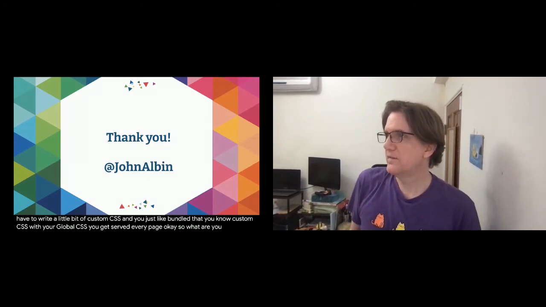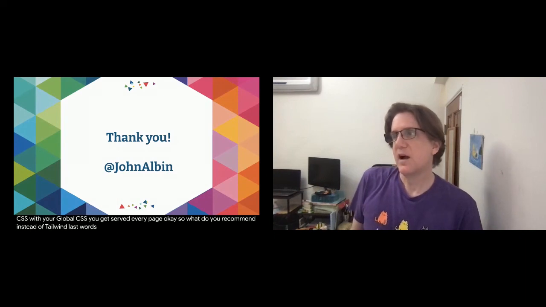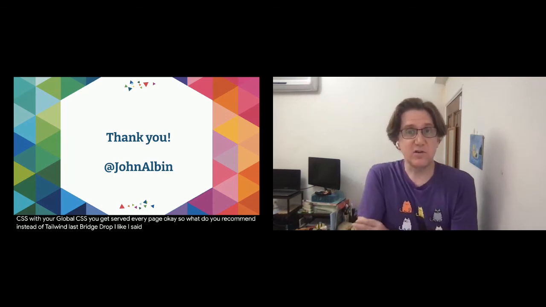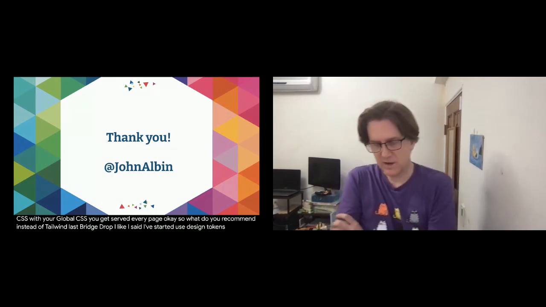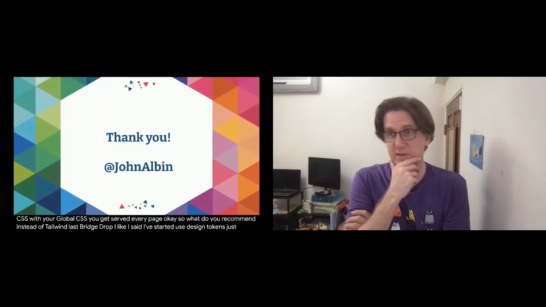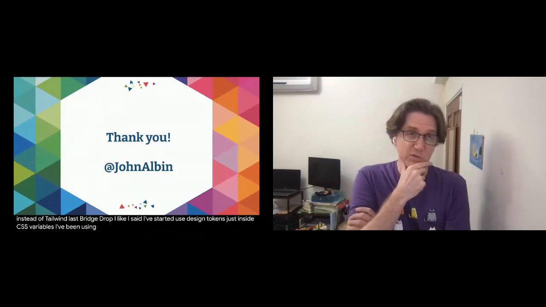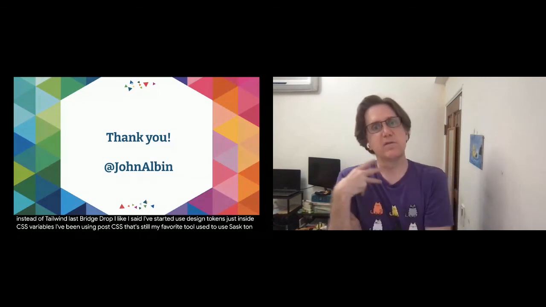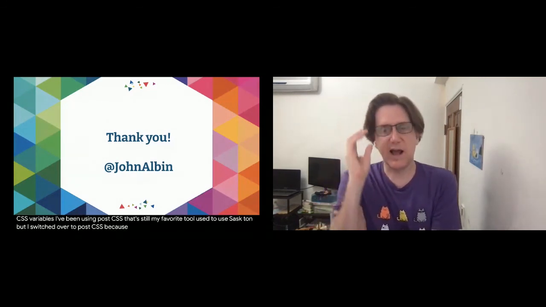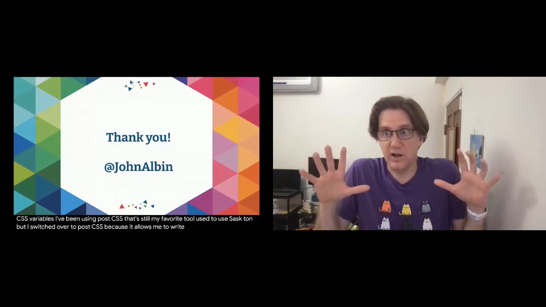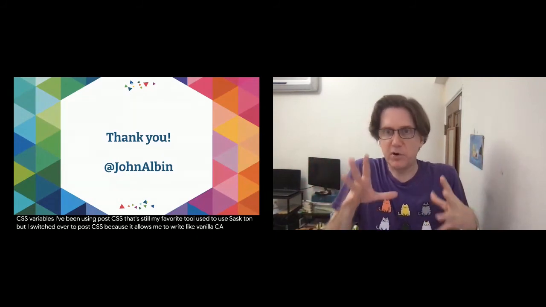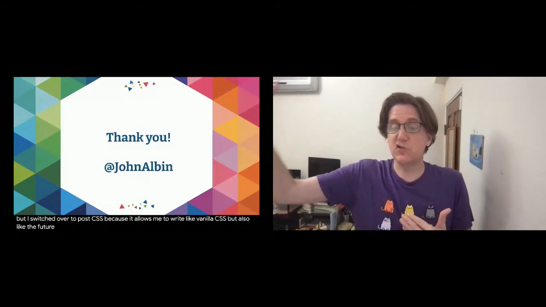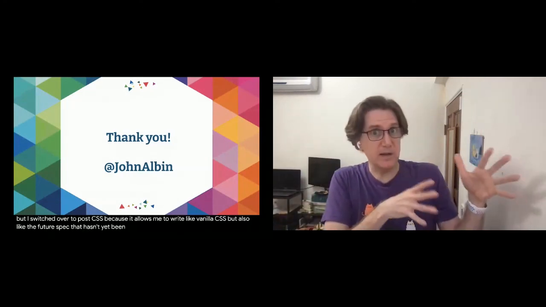So what do you recommend instead of Tailwind or Bootstrap? Like I said, I've started to use design tokens just inside CSS variables. I've been using PostCSS. That's still my favorite tool. I used to use Sass a ton, but I've switched over to PostCSS because it allows me to write vanilla CSS, but also the future spec that hasn't yet been implemented in browsers.